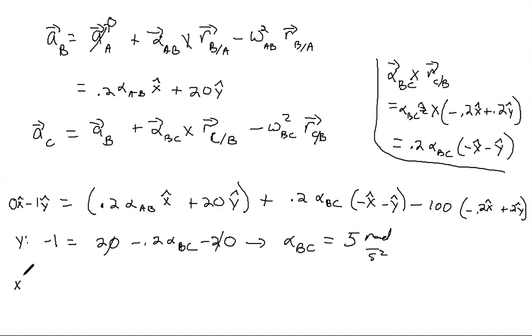Then I can take that result and plug it into the x equation. The x equation says that 0 equals 0.2 alpha AB minus 0.2 alpha BC plus 20.